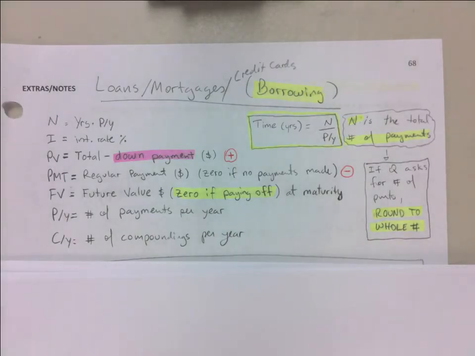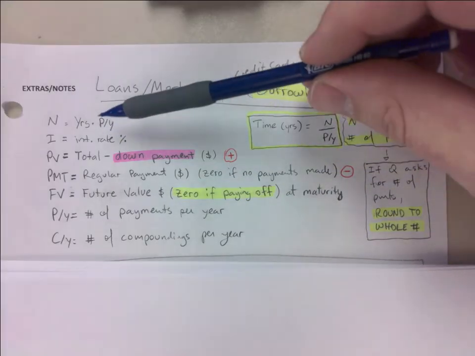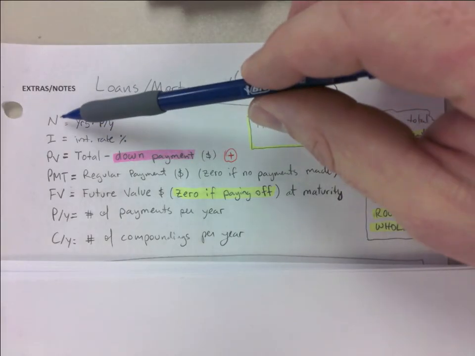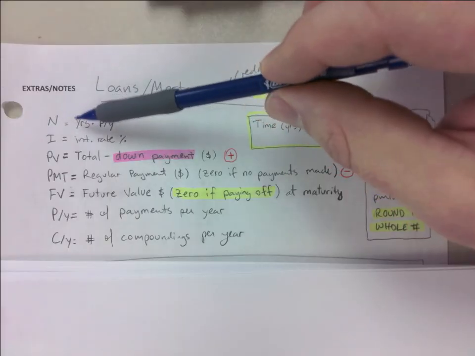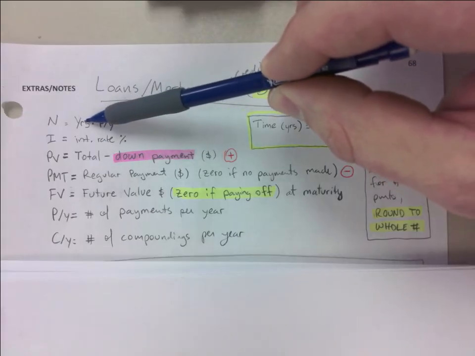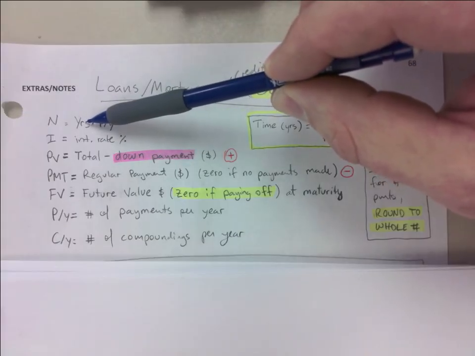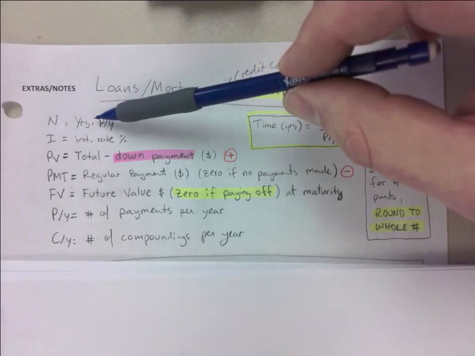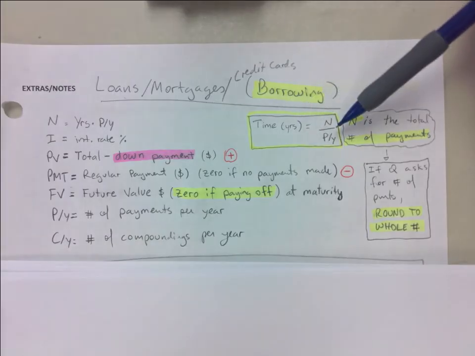Yes? How would you solve for N if you're not given years? That's just it. You don't know how long it's going to take you. If you're solving for N, you're either wanting to know the number of payments or you want to find out how many years it's going to take you. Both are found in here. Except if you want the time in years, you got to do a little bit of extra work.